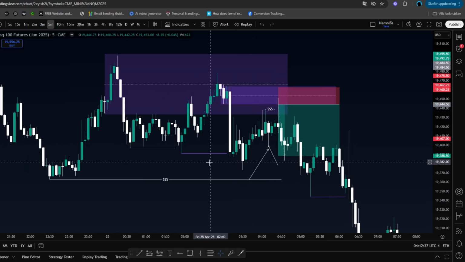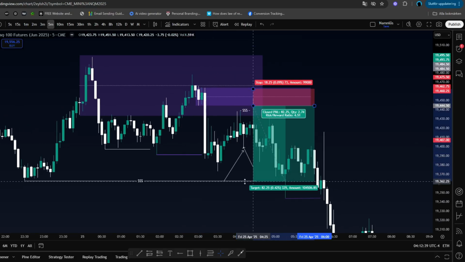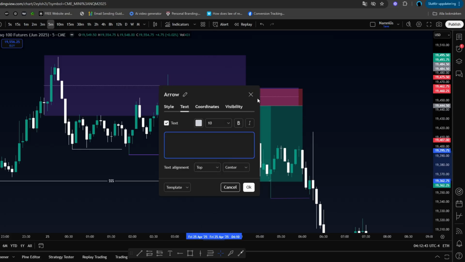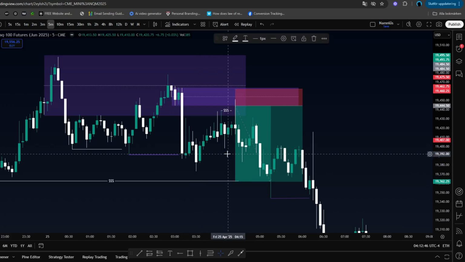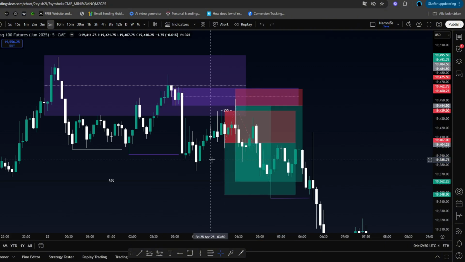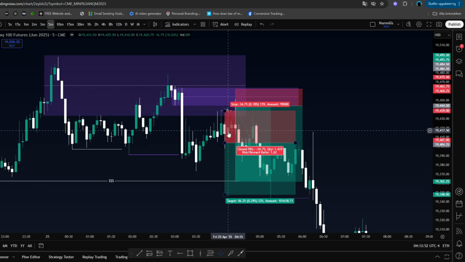So we have our drawn liquidity all the way down here. We have inducement on this one, taking out retail and preparing stops so that the banks can position themselves.